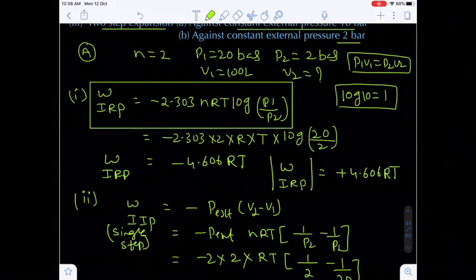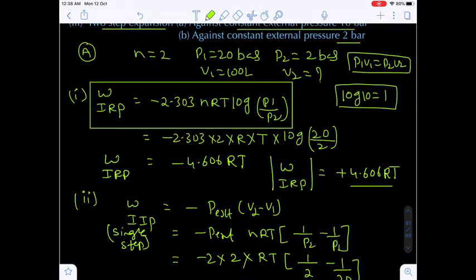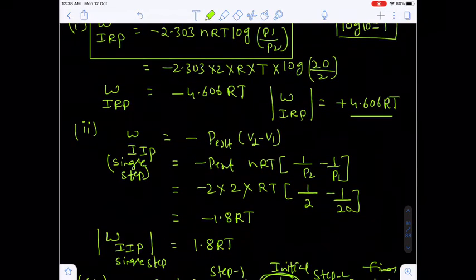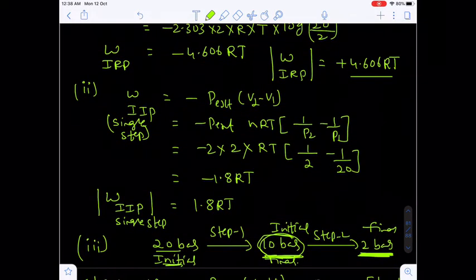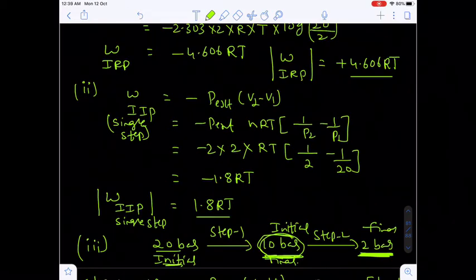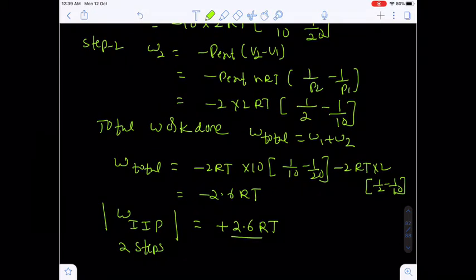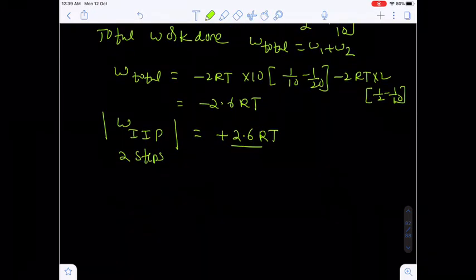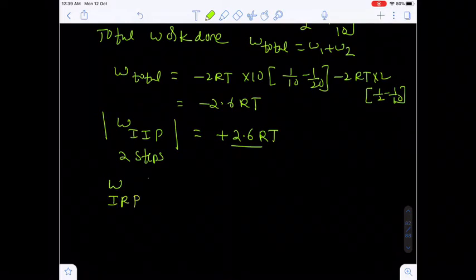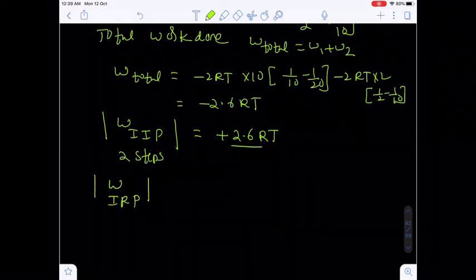What is the work done in the isothermal reversible process? 4.6 RT. A single step will be 1.8 RT. 2 steps will be what? 2.6 RT.